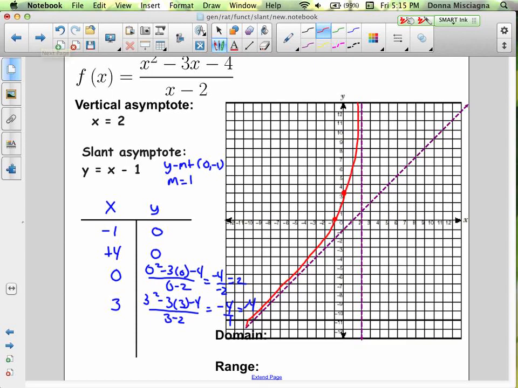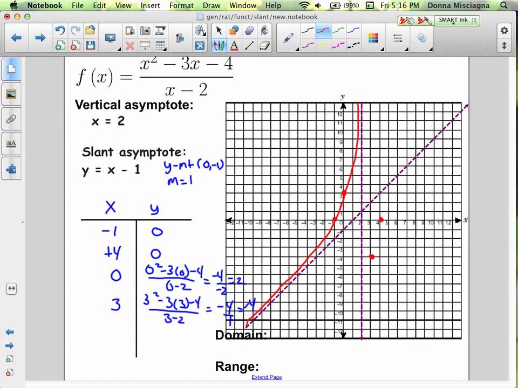Let's graph the other side. So we have 3 and 4. So 3 was negative 4, and 4 was 0. And I feel that is enough to graph it. If we wanted an extra point, we could get one. For instance, if I were to plug in, say, 8, we could find that value.